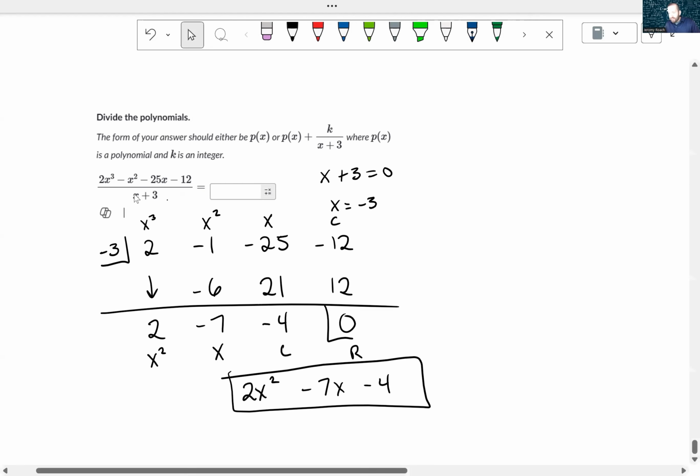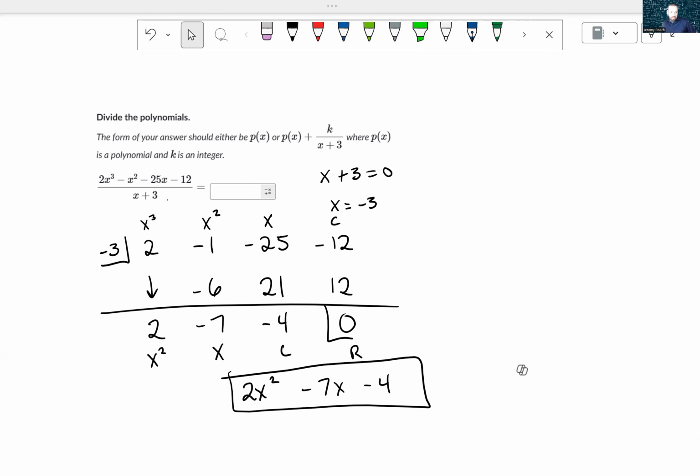But when I see it and it's like 5x plus something, if this number is not a 1, you can divide with synthetic division. I just steer away from it personally. So I'll still use long division for some of these. Two x squared minus 7x minus 4. Okay, so that's how to do those.